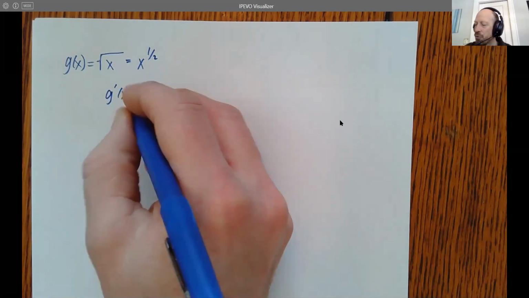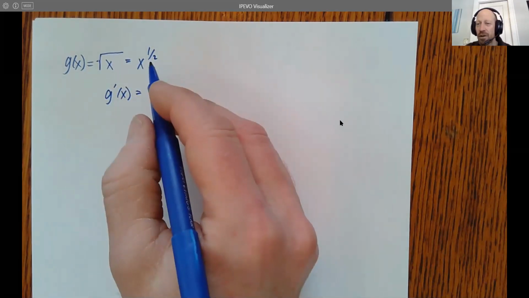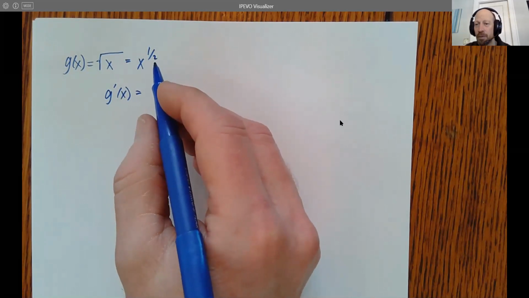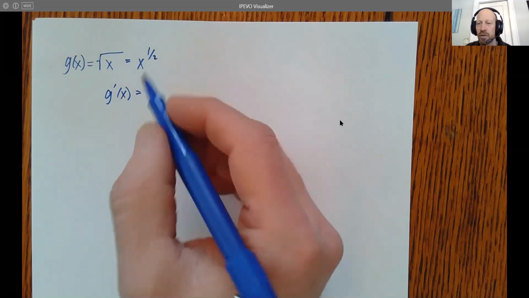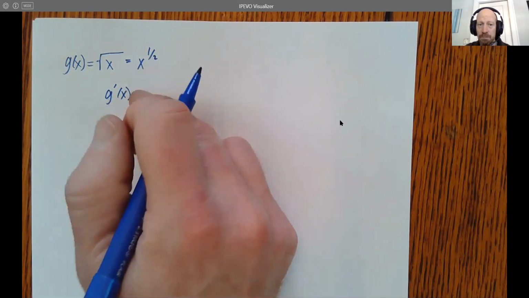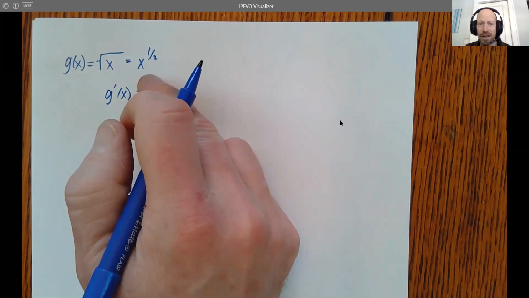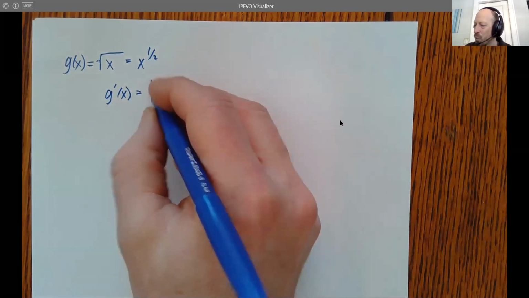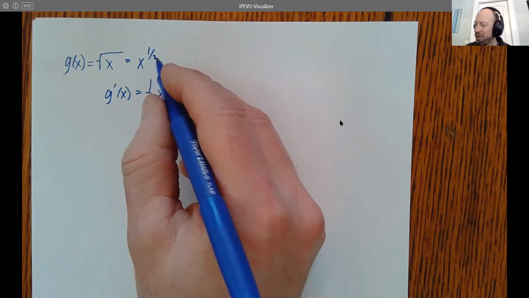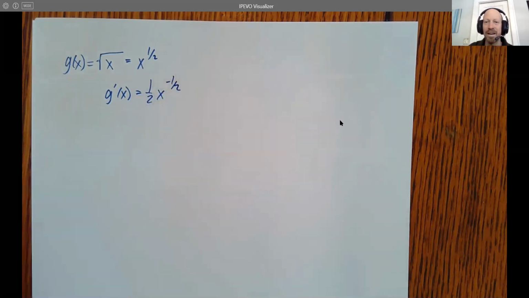And that power rule works for fractional, actually it works for any real number exponent, but we will probably mostly just see fractional exponents like 1/2 or 2/3. It works for that as well. So the derivative here is 1/2 x to the minus 1/2.